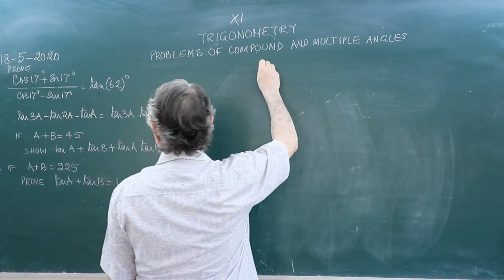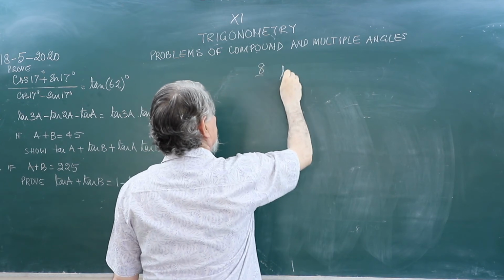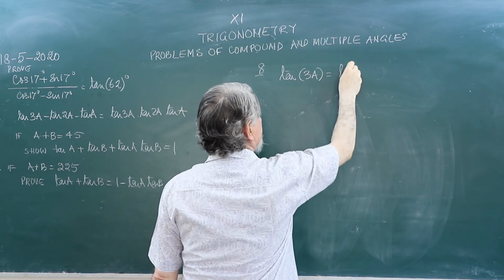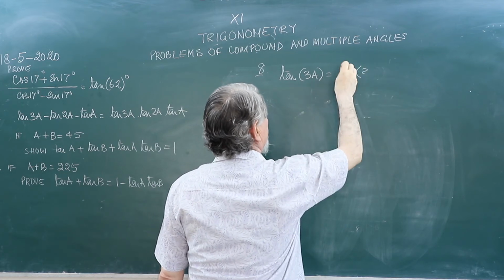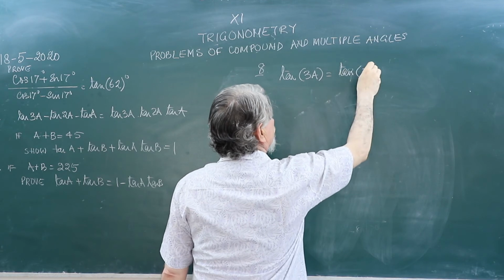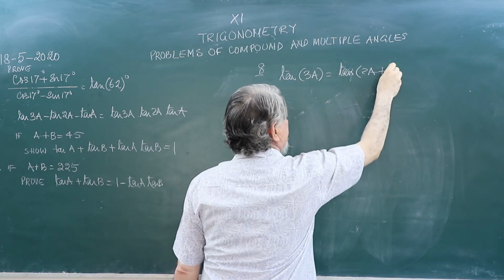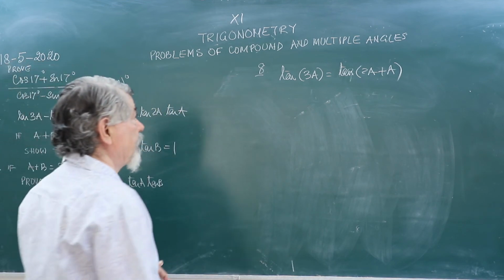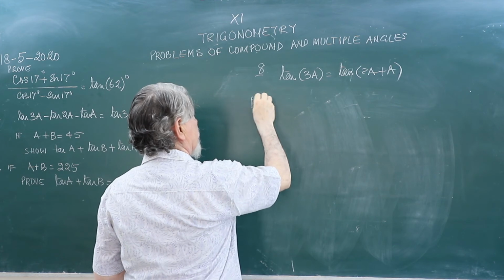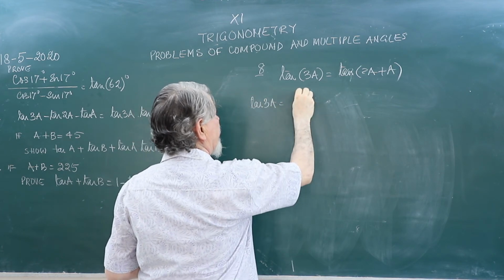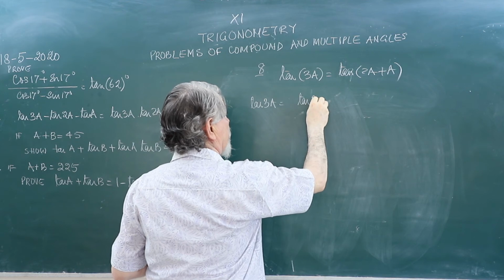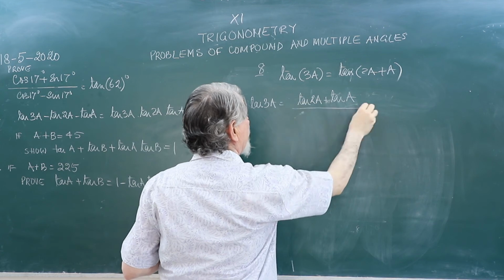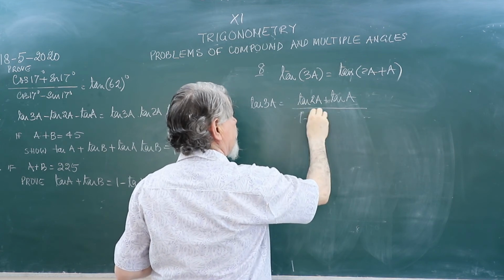So tan 3a can be written as tan(2a + a). tan(a + b) is equal to (tan a + tan b) upon (1 − tan a tan b).